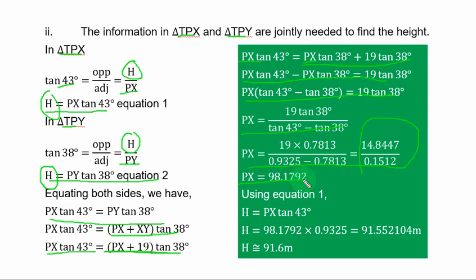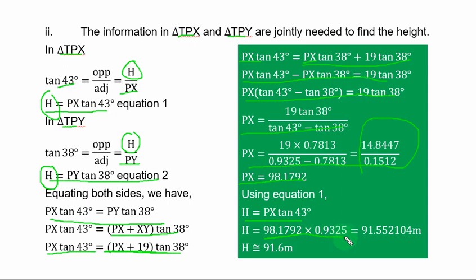98.1792. For you to get the height, you can use either equation 1 or 2, but equation 1 is easier because PS is known directly. So this is equation 1. You replace PS with 98.1792 times the value of tan 43 degrees.